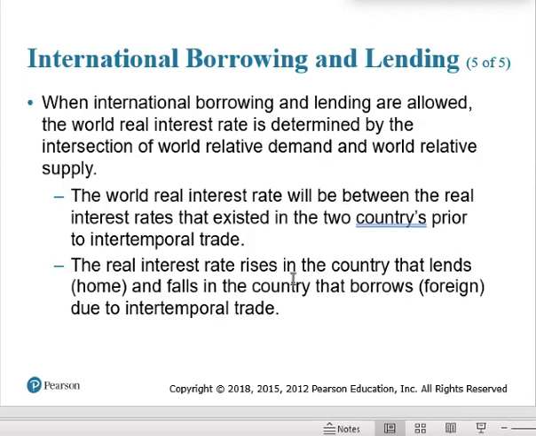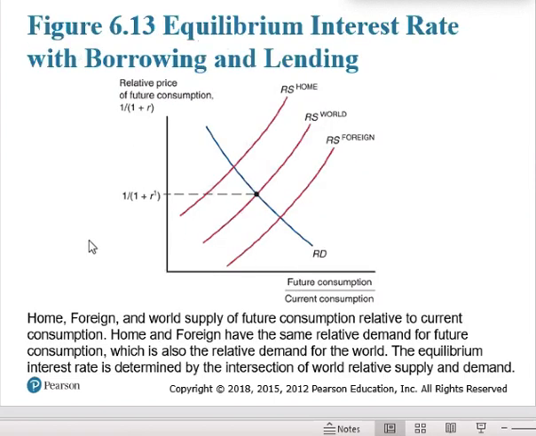And when international borrowing and lending are allowed, the world real interest rate is determined by the intersection of the world relative demand and the world relative supply. The world interest rate will be between the real interest rates that exist in the two countries prior to international trade. So this is something that we have seen before, right?